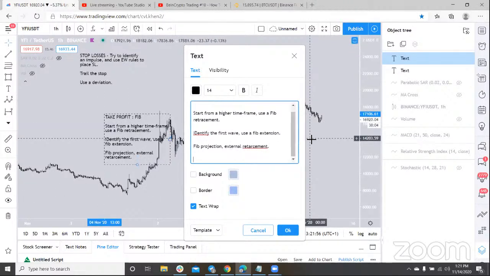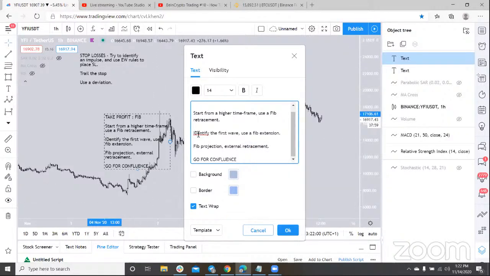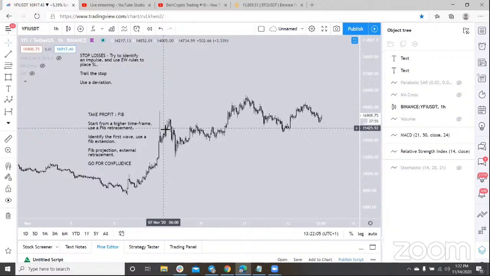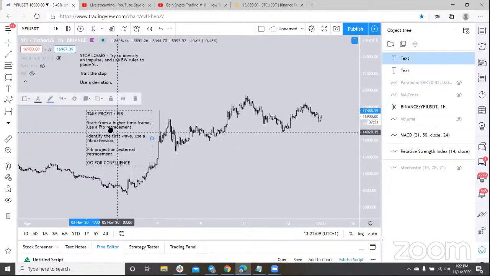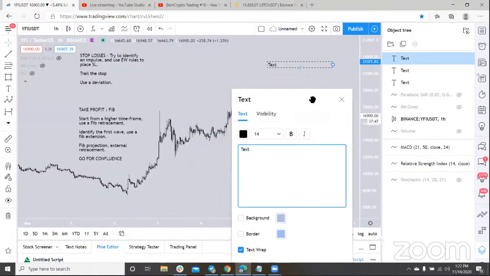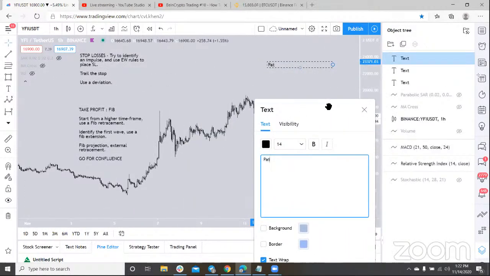But go for confluence. Always go for confluence. It doesn't matter what you're using. You can use a trigger, you can use horizontal levels, whatever it is, find confluence. If you don't use fib also, you can do pattern projections, horizontal levels, channel.